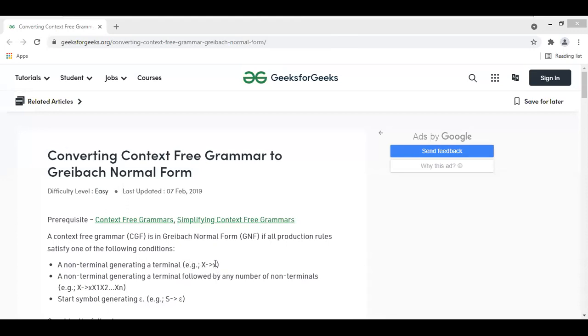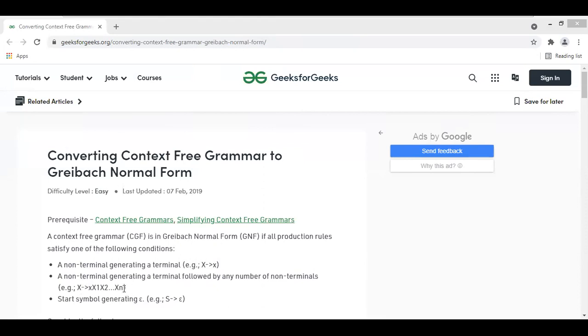Either my production should be like this, or a non-terminal generating a terminal followed by any number of non-terminals. What it means is, in variable tends to the right hand side, the first appearing symbol should be a terminal, and the remaining should all be non-terminals.